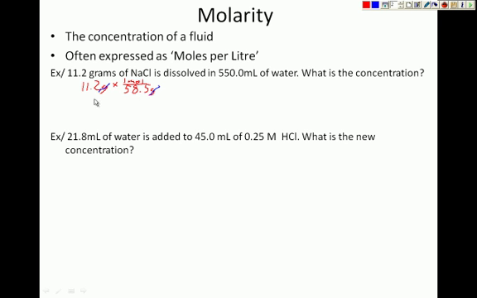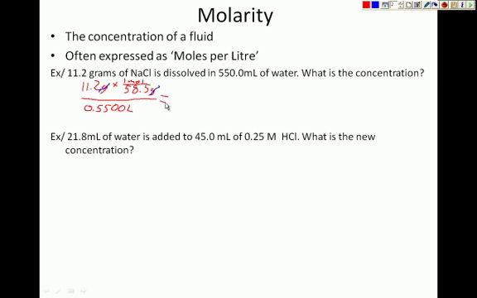Now what we need is moles per liter, so we're going to take that moles of NaCl and divide by the amount of liters. So 550.0 milliliters is equal to 0.5500 liters.